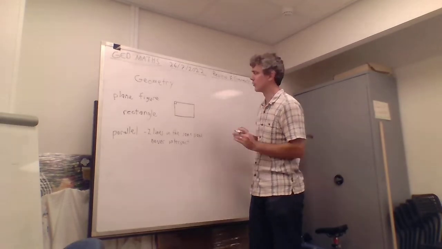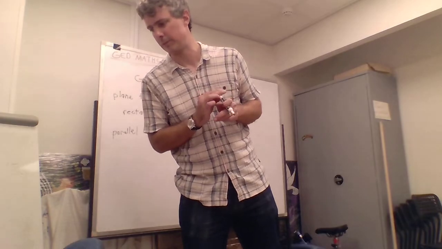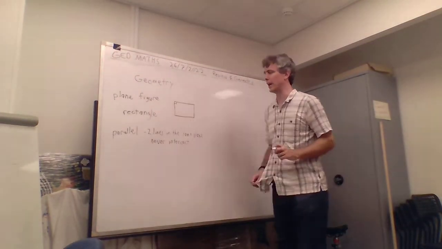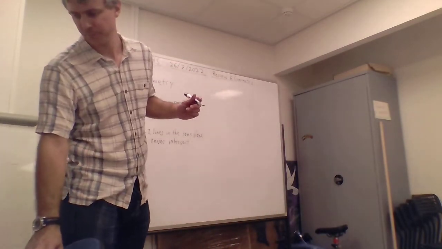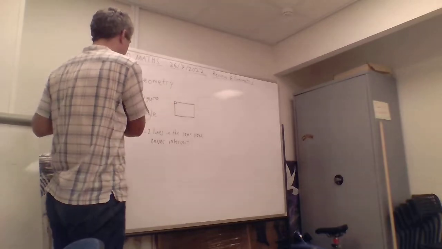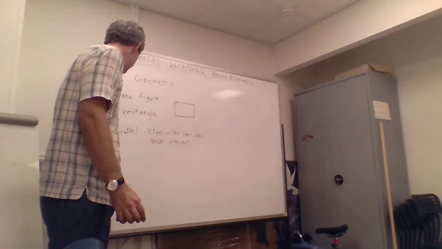So first of all, before we do this, there's a whole lot of information we need to talk about first. So first we talked about parallel. They don't actually say it, but I'm going to tell it to you. I think before we do rectangle, I don't like how this is going. Before we do rectangle, we need to say a quadrilateral.